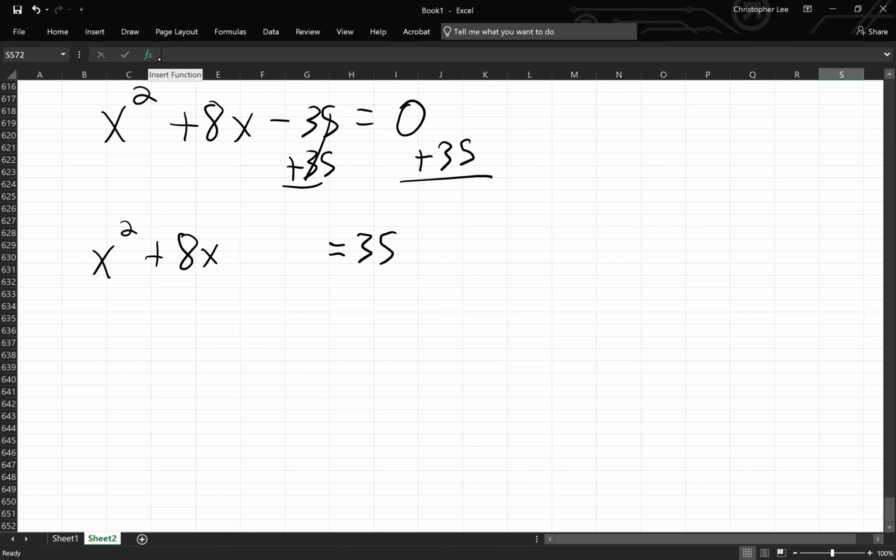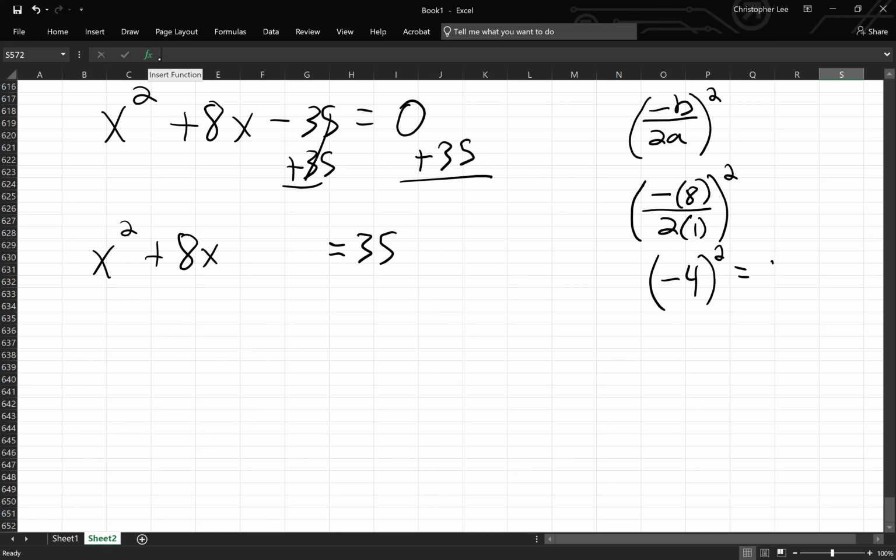You remember my formula, right? This is negative b over 2a squared, right? My a term is 1, so I'm good to go. Just plug it in, right? This is going to be negative of 8 divided by 2 times 1 squared. That gives me what? Negative 4 squared, which is 16.